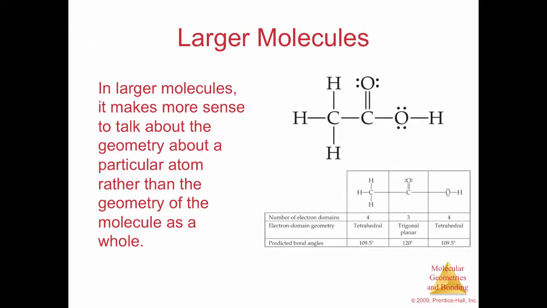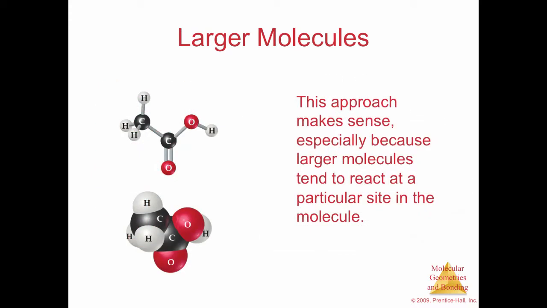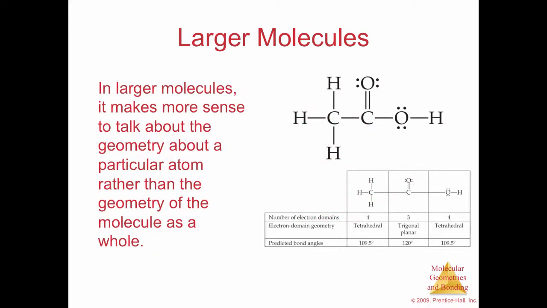Larger molecules. In larger molecules, it makes more sense to talk about the geometry about a particular atom rather than the geometry of the molecule as a whole. In this example, we can examine each of the atoms along the chain. We see that this carbon atom has 4 domains and has a tetrahedral electron geometry.